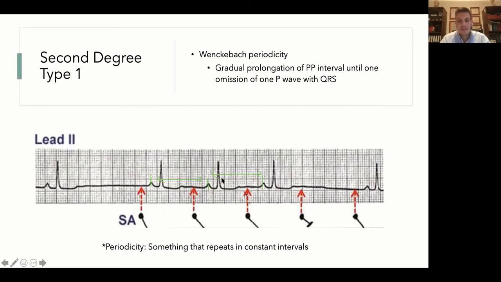And what happens? This interval will continue to progressively get longer and longer up until the point where, as you can see here, a cycle is missing. And this will happen at a fixed rate. This is why we call it Wenckebach periodicity, because it will prolong, and then not show up. Does everybody understand this?